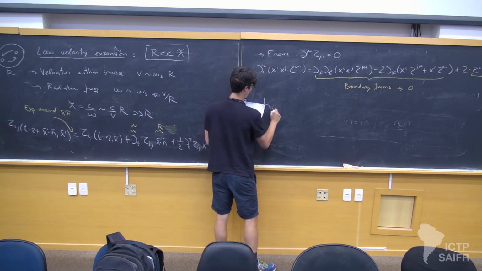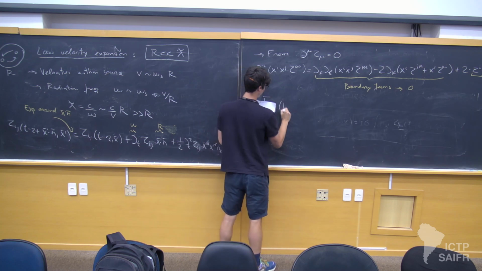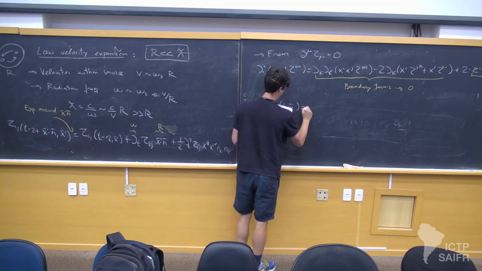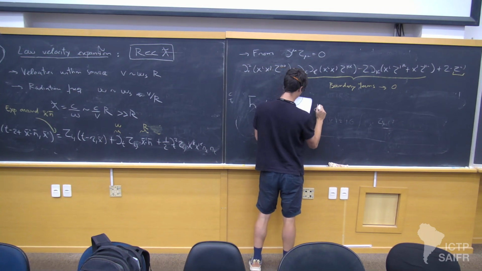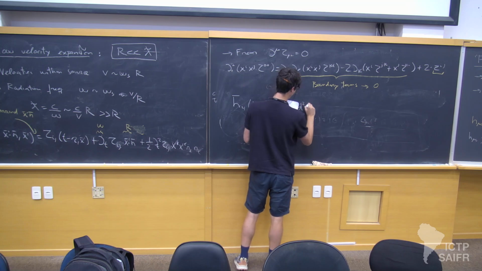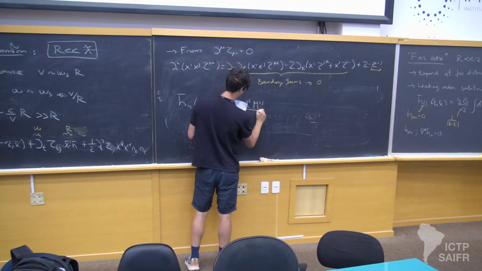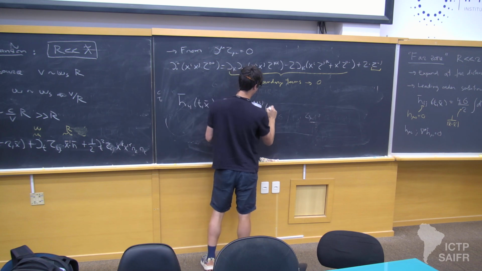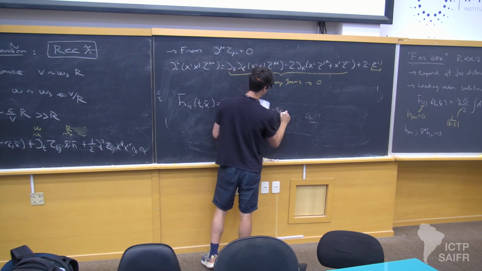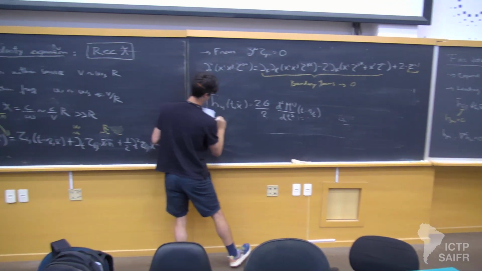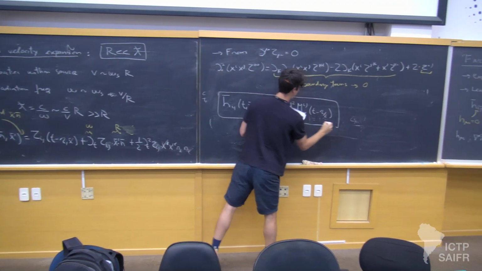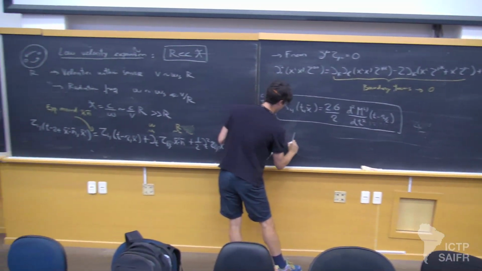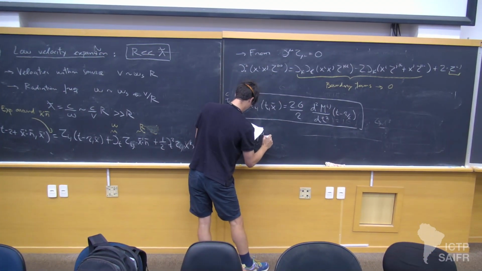The expression that we arrive at is the following: 2G divided by r, and then the second time derivative of this quadrupole moment that I'm going to define in a second, which is a function of the retarded time. That's the equation, and then the quadrupole tensor.